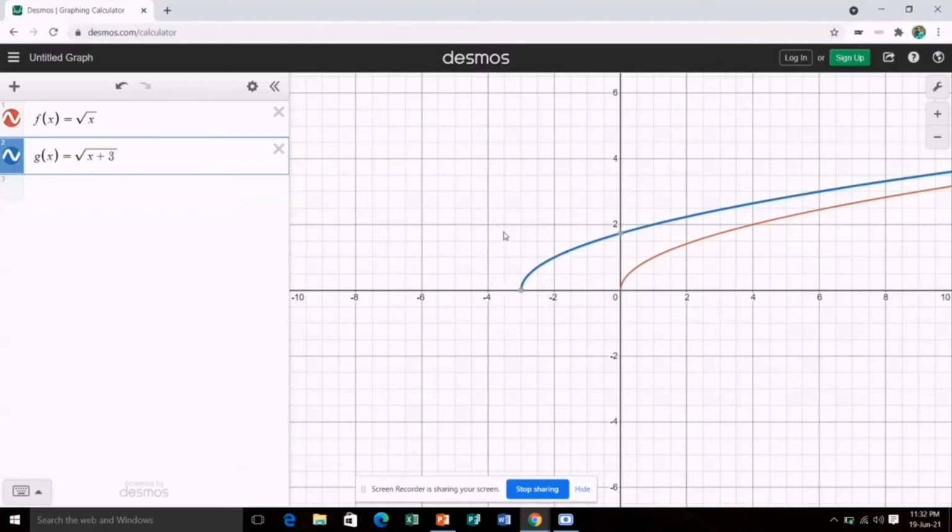The graph is shifted to the left because this plus symbol, or positive, shows that the graph will go to the left. If we change it to a minus, or negative symbol, it will shift to the right. So for our question, g(x) equals square root of x plus 3 shifts to the left, and the plot is negative 3, 0. So this is the horizontal shift graph.